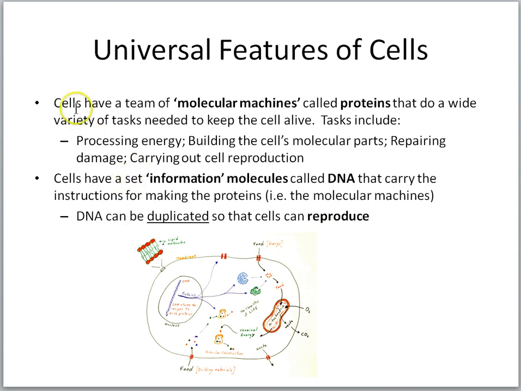In addition, all cells have a team of molecular machines called proteins that do a wide variety of tasks needed to keep the cell alive. And that includes processing energy from food, building the cell's molecular parts, repairing damage, carrying out cell reproduction. And all cells have a set of information molecules called DNA that carry the instructions for making the proteins, those molecular machines. And importantly, DNA can be duplicated so that cells can reproduce.